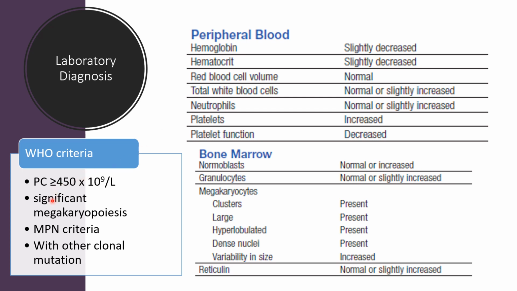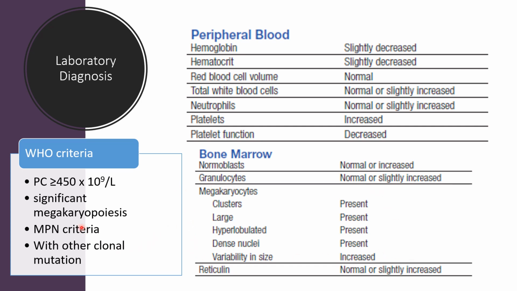Second, the bone marrow must show significant megakaryopoiesis characterized by large, mature-looking megakaryocytes with no substantial change in erythropoiesis and normal granulopoiesis. That means only the megakaryocytes or the platelets in the bone marrow are increased.